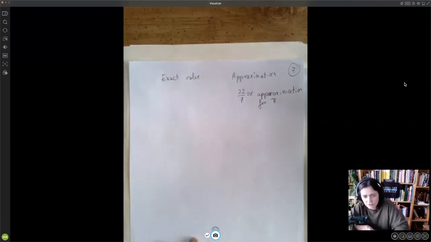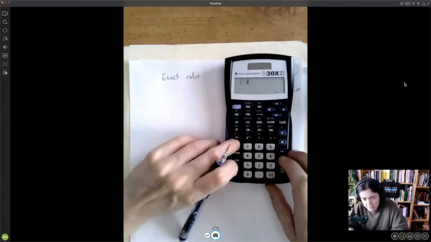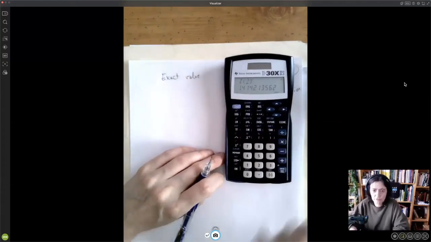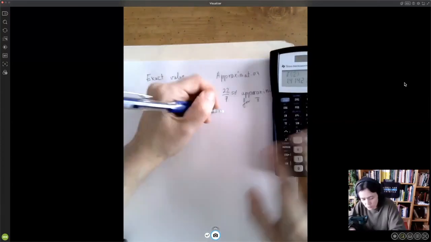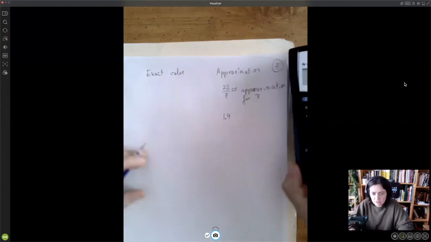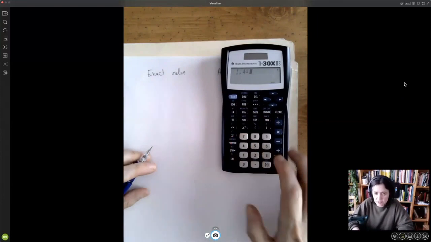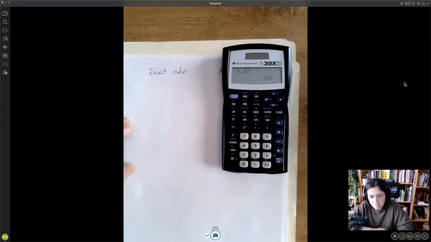Also, if you write, say, square root of 2 as 1.4, that cannot be square root of 2 because 1.4 squares to, it's too small, right?